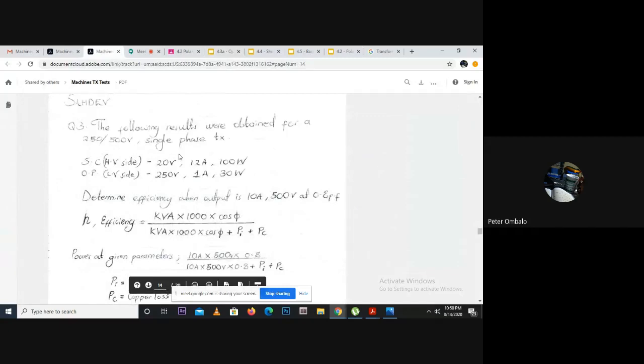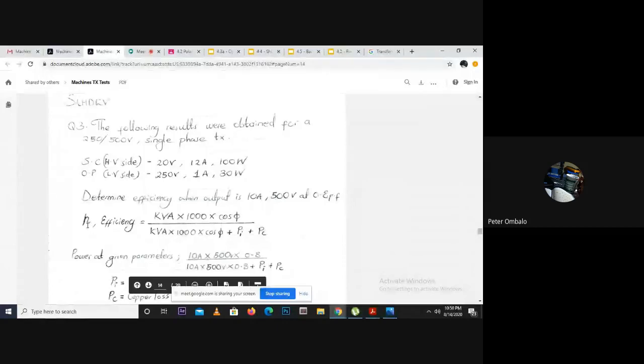Okay, so this is just the same question. You realize the parameters are just given as they were given in the examples, but this time we want to find the efficiency. We have been given an efficiency at a particular output, 500 volts, and a power factor of 0.8.